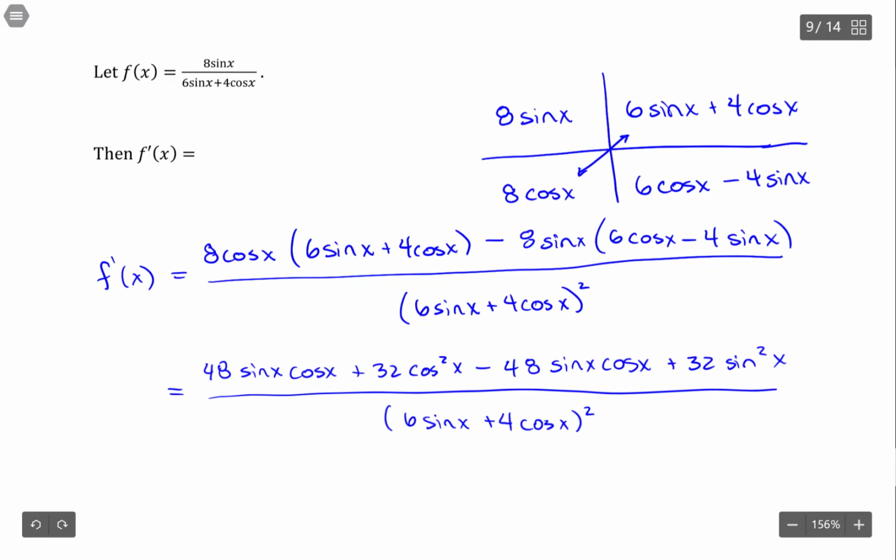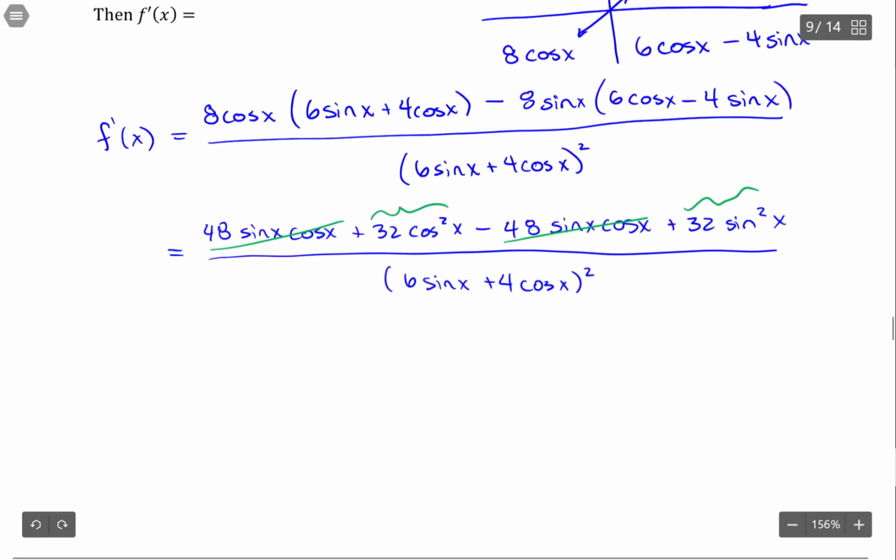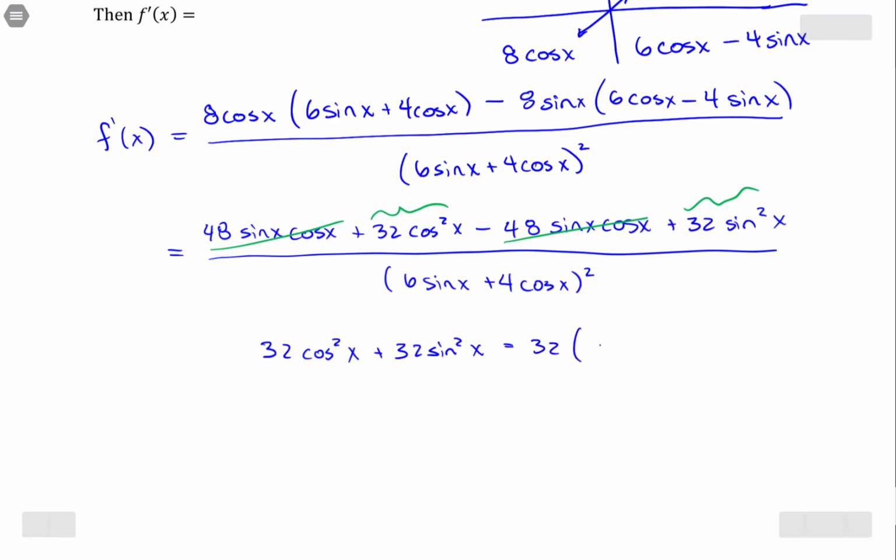And what's nice is this term completely cancels out with that one. And these remaining two terms, they don't cancel, but what we can do is take advantage of the Pythagorean identity and say 32 cosine squared x plus 32 sine squared x is the quantity 32 times the sum of cosine squared plus sine squared.